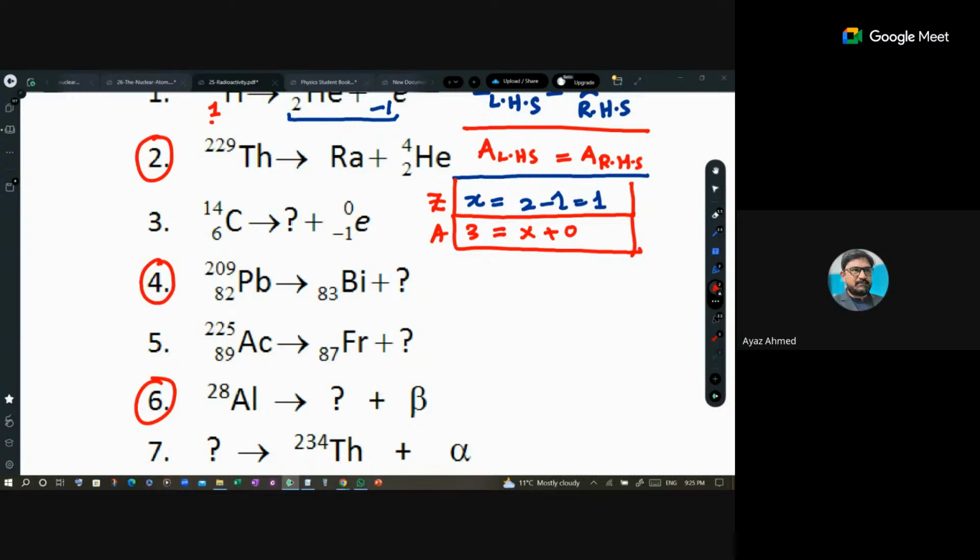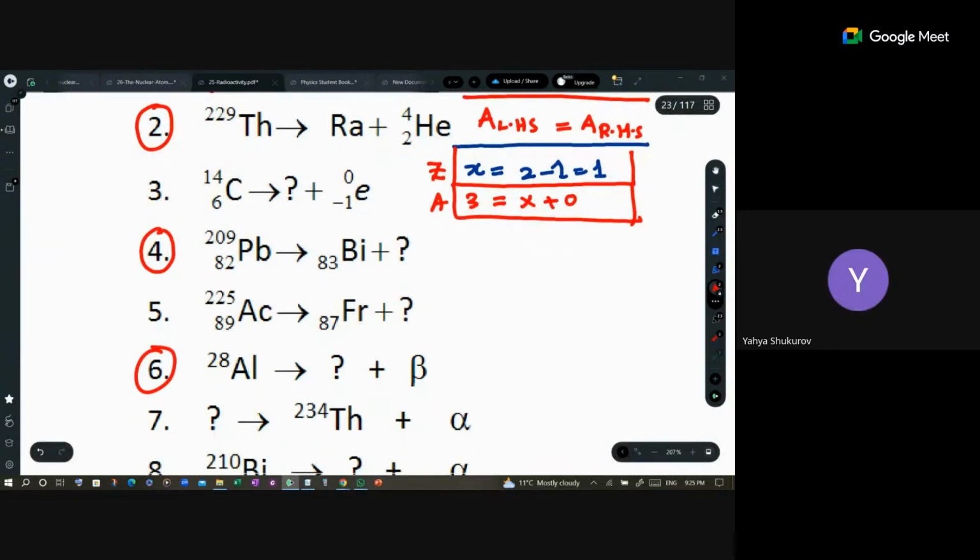Okay, then you can name it simply X, no problem. If you do not know the name of this nuclei, it does not matter. So let's say 28. So there will be 28 as the nucleon number. Okay, 28.